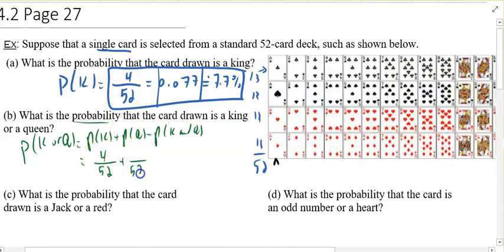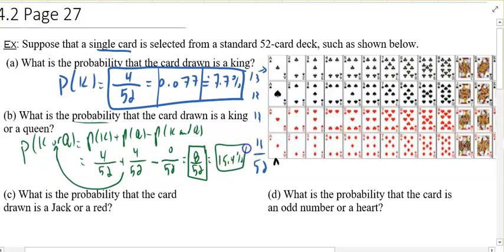Probability of a queen, there are 52 of those, 4. Again, or is a choice you add. Minus, can you pick a card that's both a king and a queen? Well, that's not possible. So the answer is 8 out of 52. That's a fine answer, right? Which is roughly 15.4%.